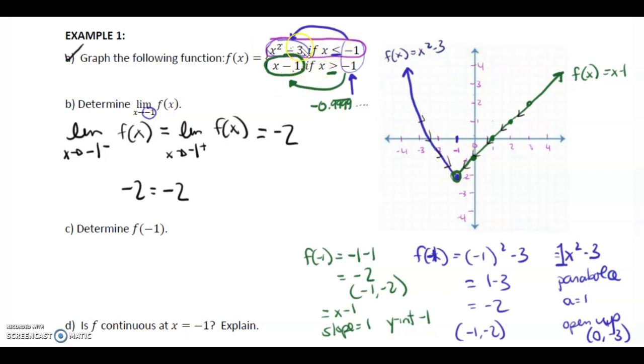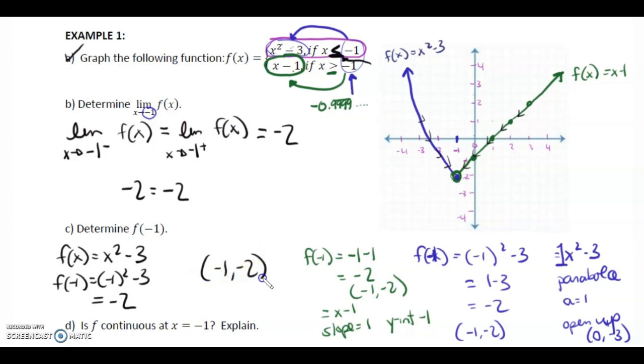However, because this first section, f at x equals x squared minus 3, has -1 in the domain, because of that underline, we're actually going to take f at -1 of this function. And we've already done this, it's -2. So (-1, -2) is our answer.